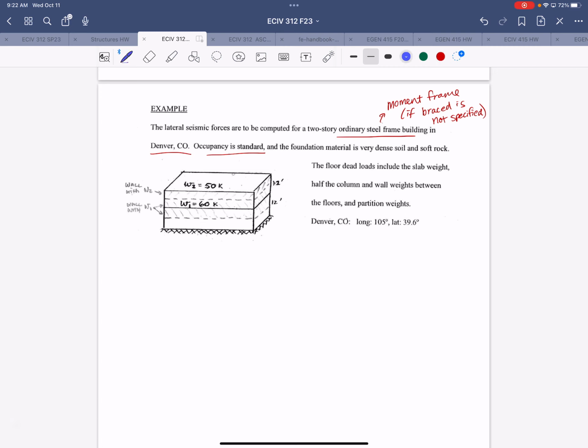All right, so first step is to determine the design earthquake and the seismic design category. All right, so first, we already noted risk category will come from the standard occupancy.